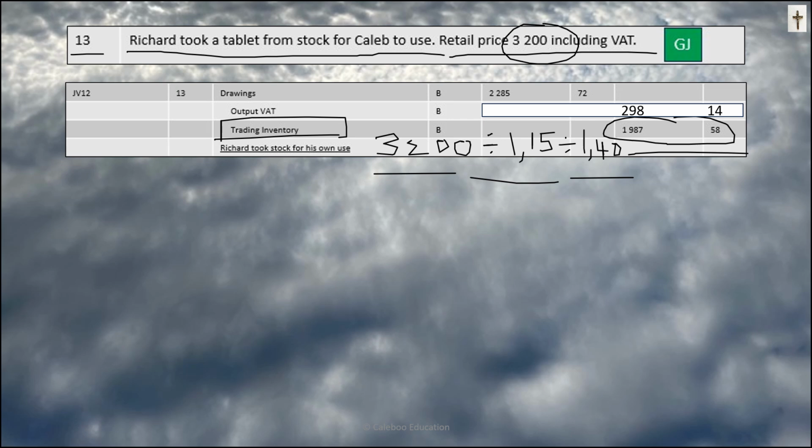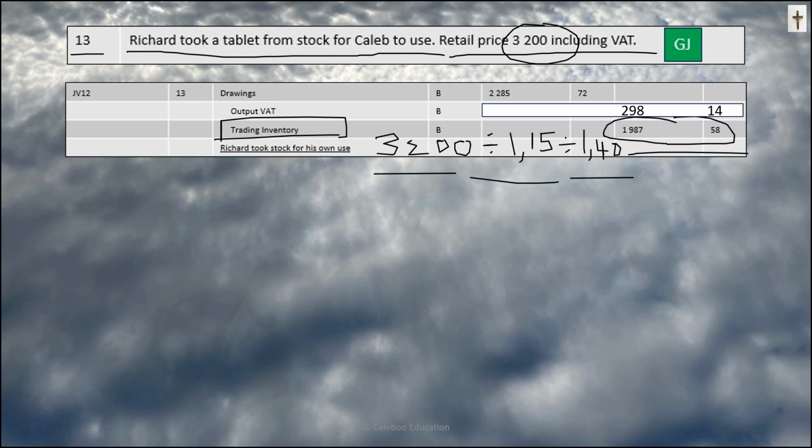Now let's continue. When we bought stock from the computer store in the first place, we were going to use the stock for normal business. So the stock was a standard rated item where I could claim input VAT. Now the stock is not going to be used for resale.